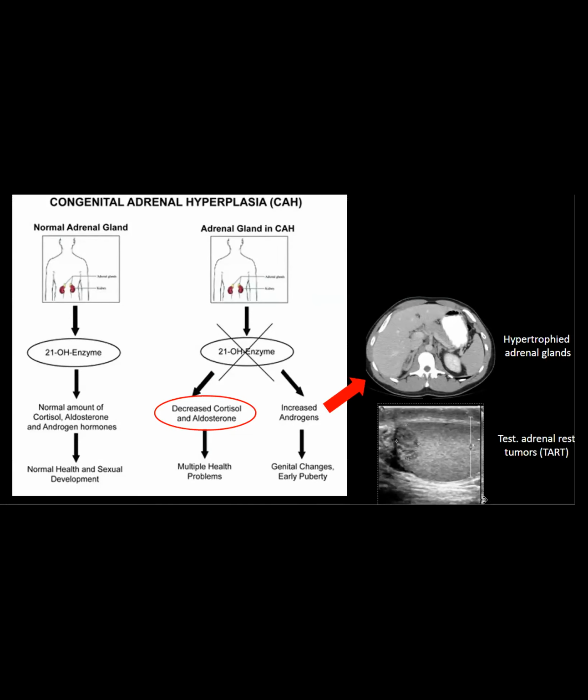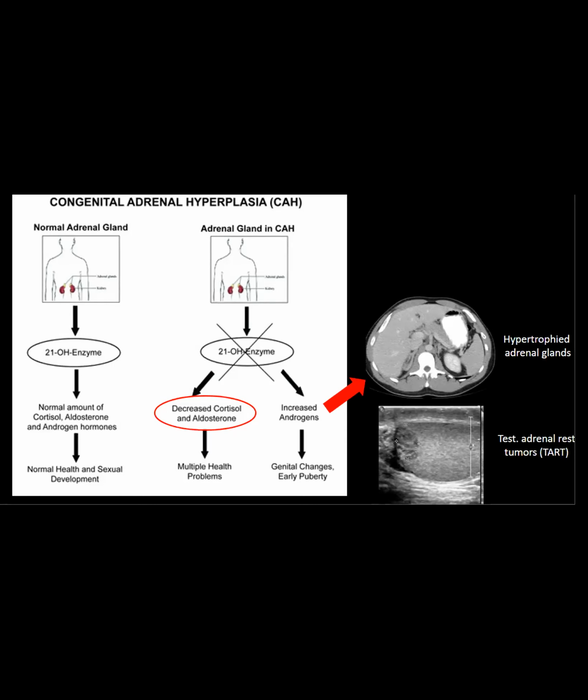And also there's generally an elevation in ACTH levels, because you don't have enough cortisol. So the adrenal rests in the testicle are activated, and they become hypertrophic because they're trying to produce cortisol. So if you give the patient glucocorticoids, that can cause these adrenal rest tumors to regress.